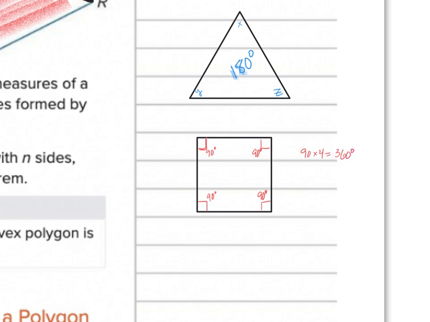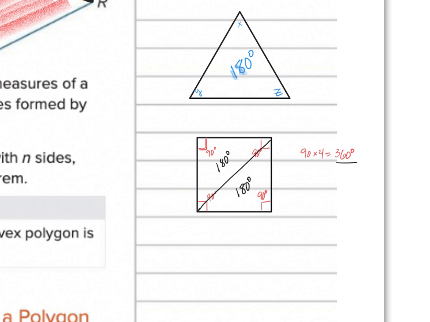So 360 degrees is the sum of the internal angle measurements of a rectangle or square. Well, we just said 180 for a triangle, 360 for a square, but if we draw a diagonal from two non-consecutive vertices, I have a triangle over here of 180 degrees, and a triangle over here of 180 degrees, and combined, they equal 360 degrees.